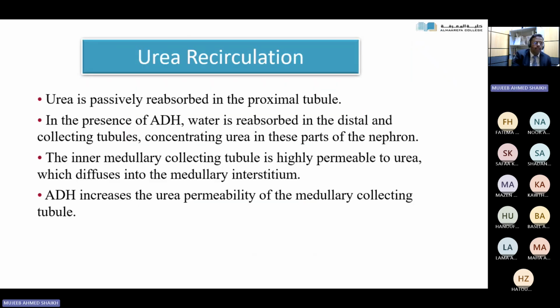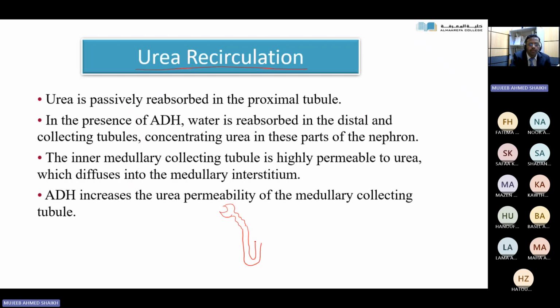One more factor making the hyperosmolar concentration of the medulla is urea. Urea recycling, or recirculation. Does anyone know how urea is absorbed? If you remember from the previous lecture, what are the different regions and how much urea is reabsorbed, and where?